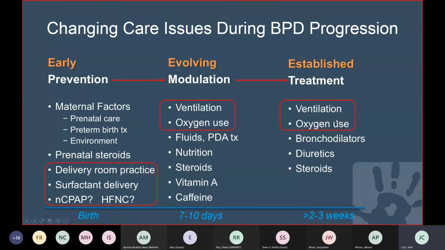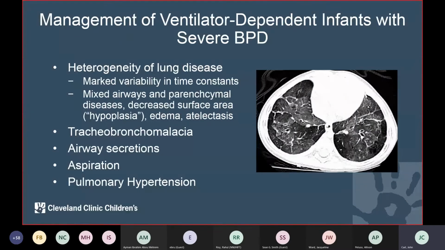But ultimately, with established BPD, what we have left is still manipulating ventilation and oxygen use. But we need to talk about the fact that these are two different scenarios here.